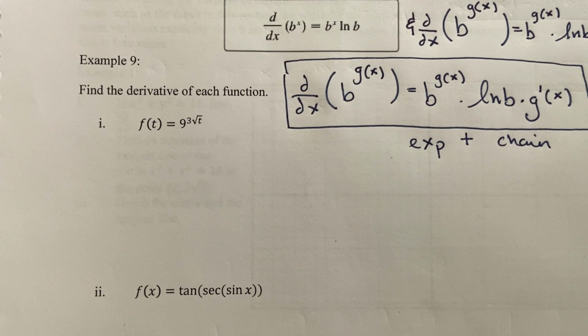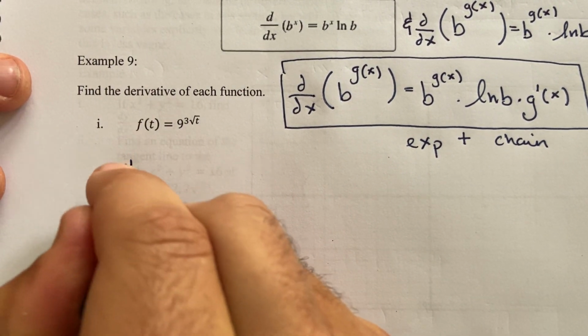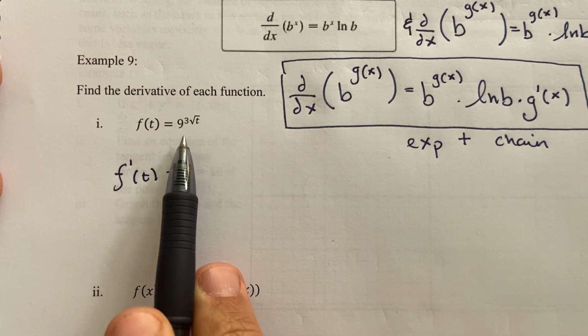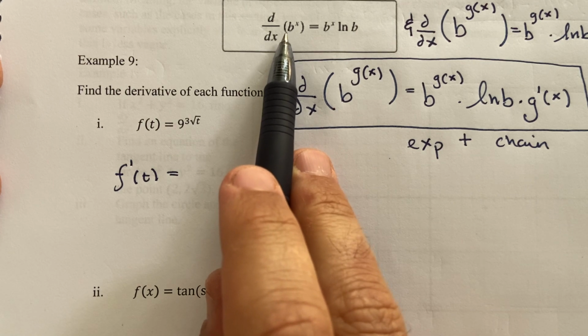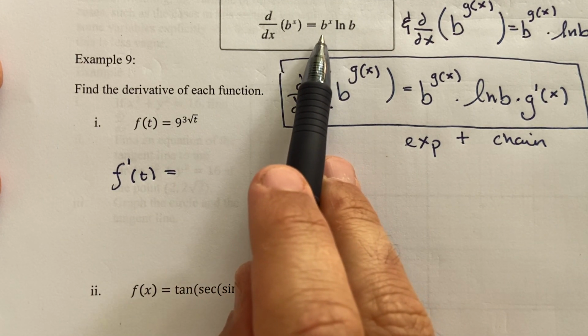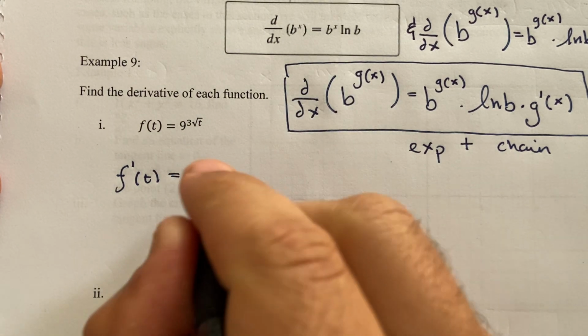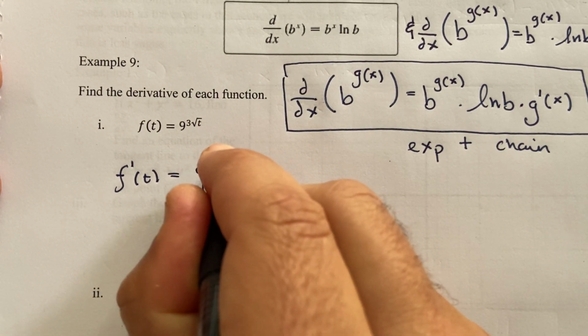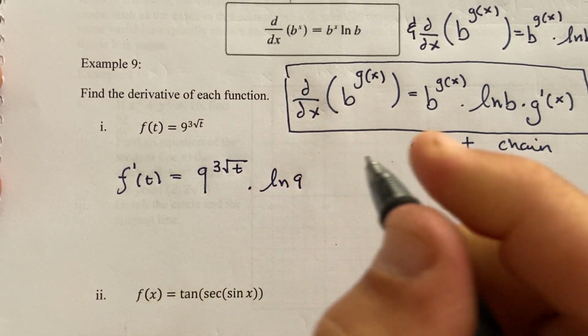All right, so example 9, let's try this one. So I want f prime of t. So what this is saying is to find the derivative of an exponential, well, you always get exactly itself, right? So I'll have 9 to the 3 root t times the ln of 9.